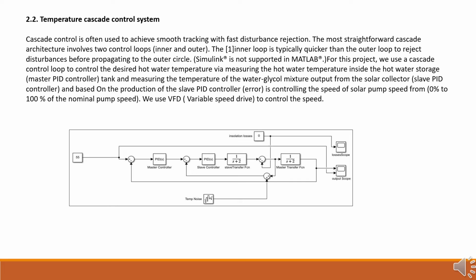Based on the output of the slave PID controller error, it controls the solar pump speed from 0 to 100% of the nominal pump speed. We are using a VFD variable speed drive to control the speed of the pump.